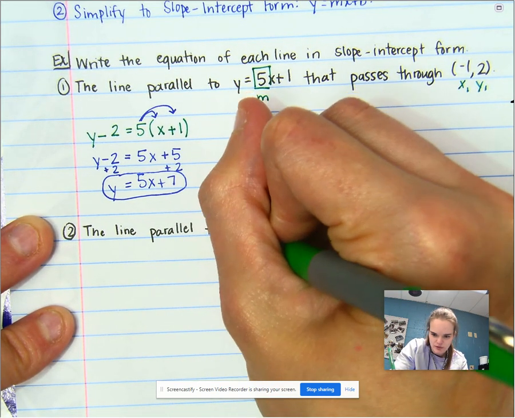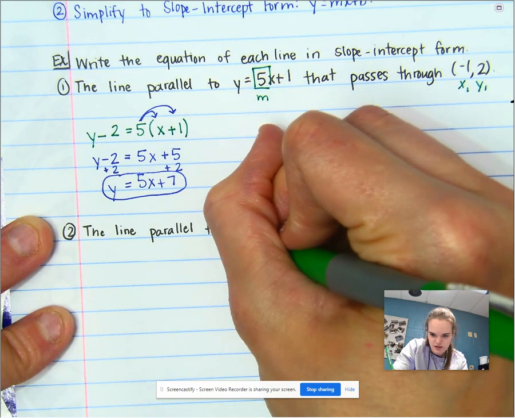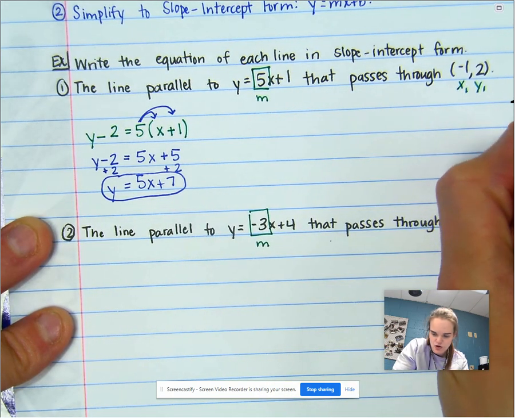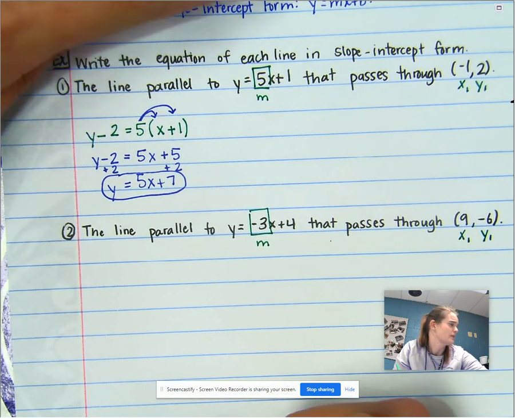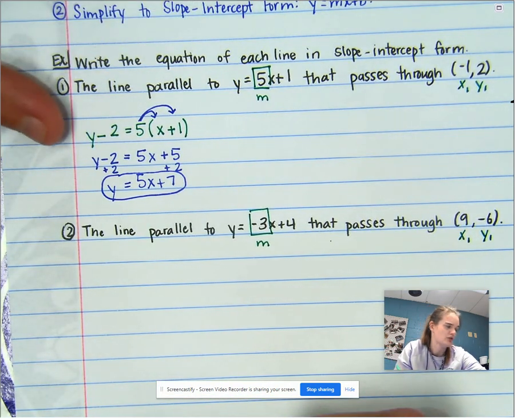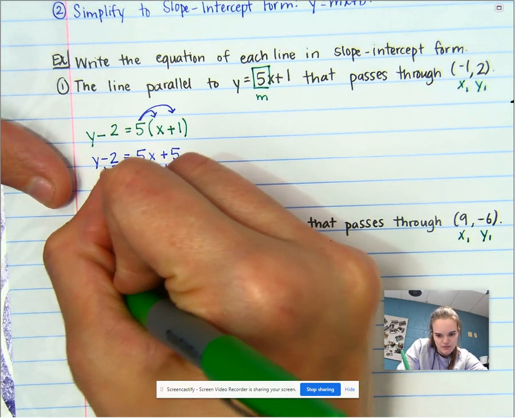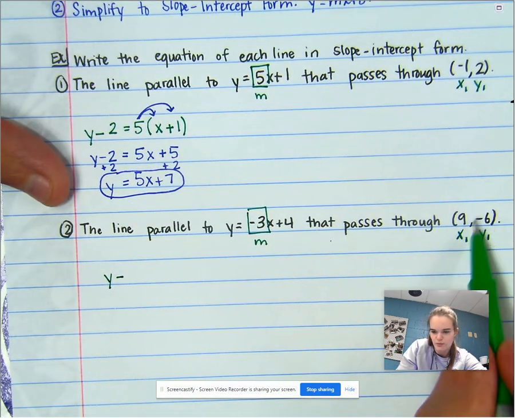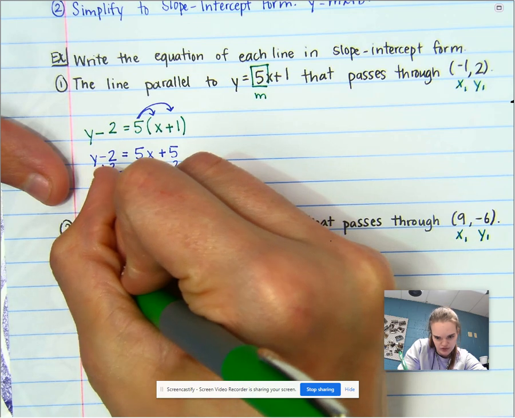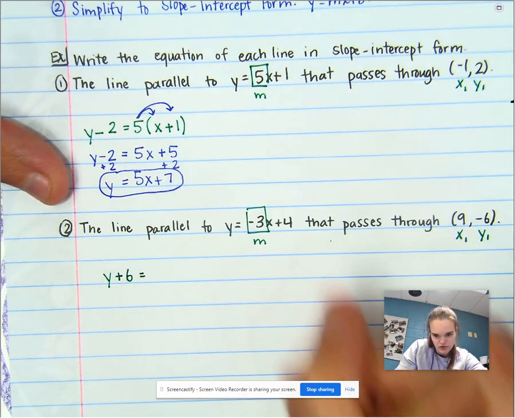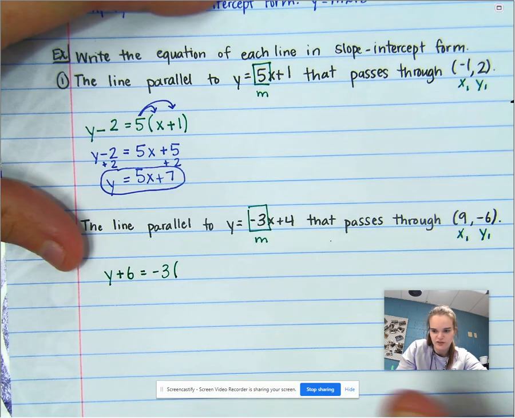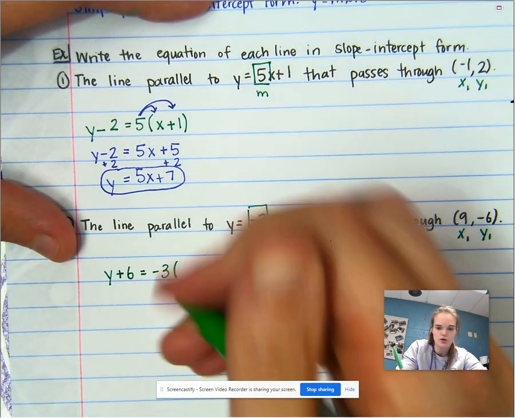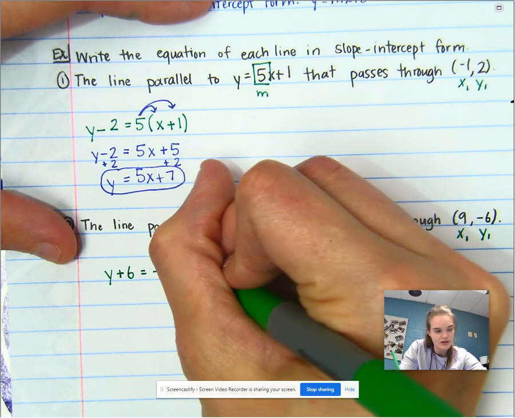My slope is negative 3, x1, y1. Using this formula that's up here, you can't see it anymore, but you should have written it on your paper. Y minus y1, which is negative 6, so plus 6, equals, the slope is negative 3, parentheses, x minus x1, which is x minus 9.